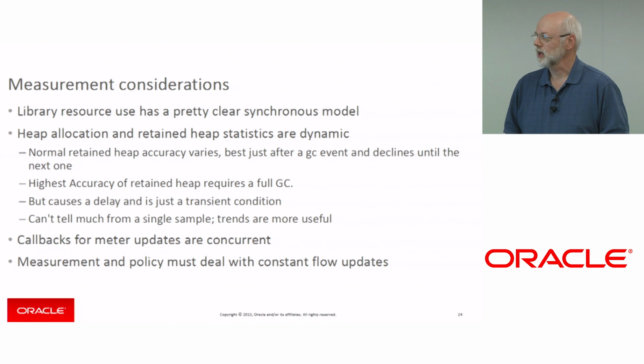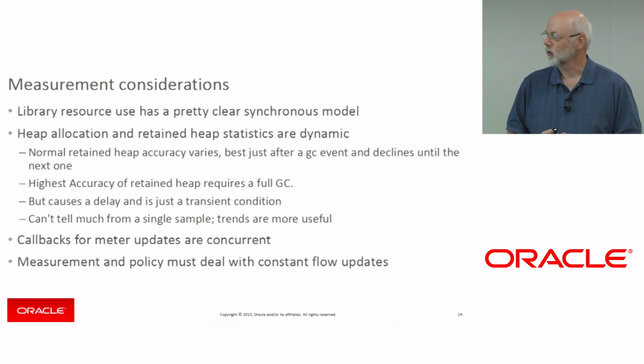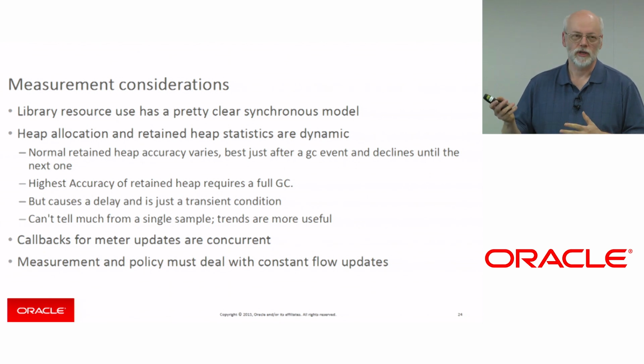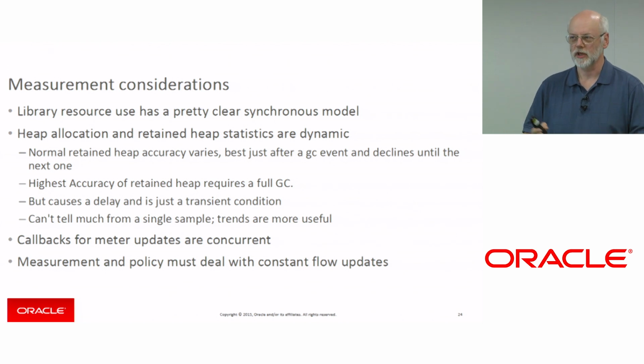In the case of heap allocation and retained statistics, the whole thing's pretty dynamic, as probably most of you are very well aware of. So if you're trying to write some policy mechanism on top of this, it's hard to say that a particular task has reached a limit and should be more disciplined in its use. Even though it seems natural to say, well, if somebody's getting close to the limit, I should do a full GC and make sure I got completely accurate numbers so they aren't violating whatever constraints.